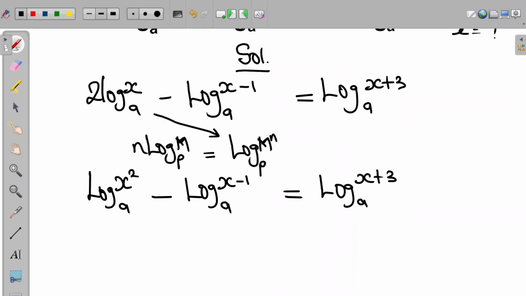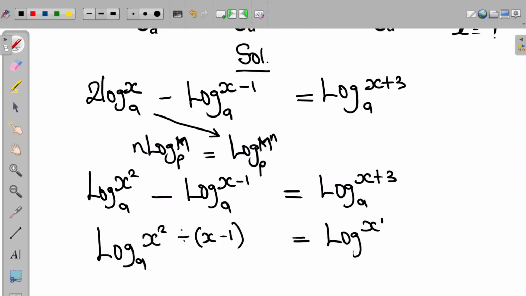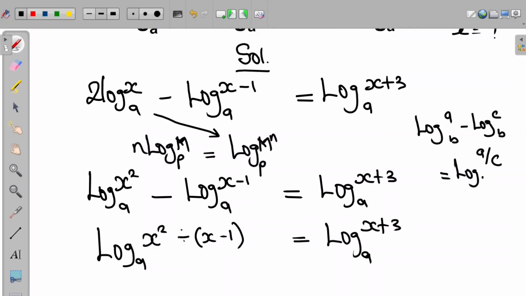Now at this point, we can apply the subtraction law of logarithm, and the expression at the left hand side becomes log in base a of x squared divided by x minus 1. Everything is equal to log x plus 3 all in base a. Recall that if I have log a in base b minus log c in base b, this can be expressed as log a divided by c in base b.